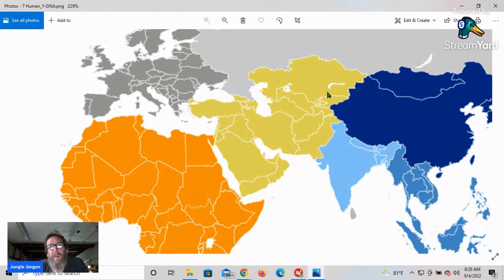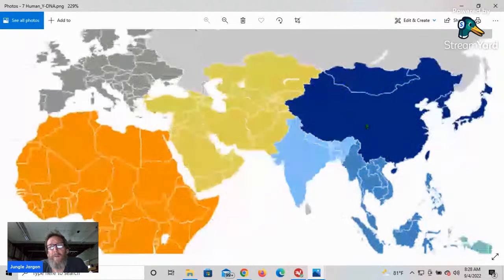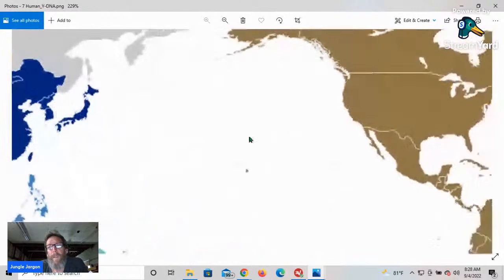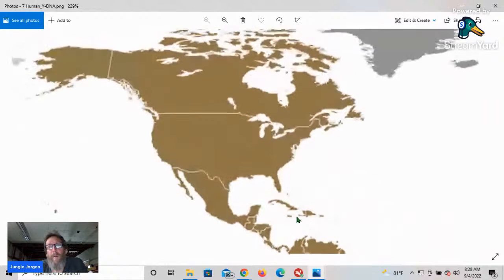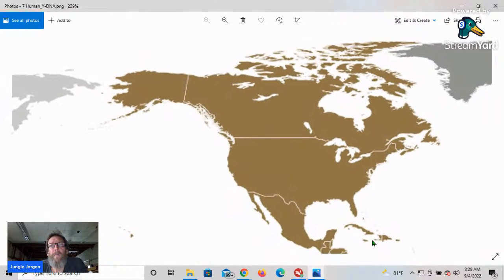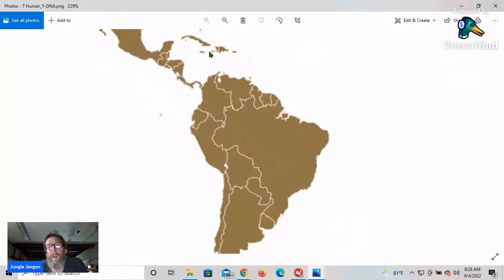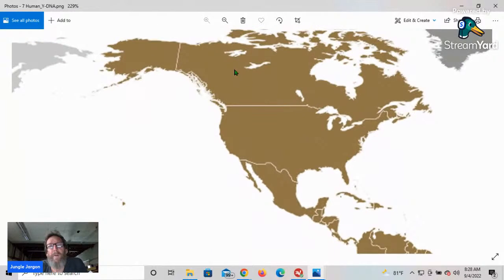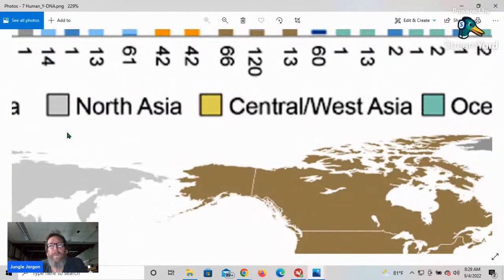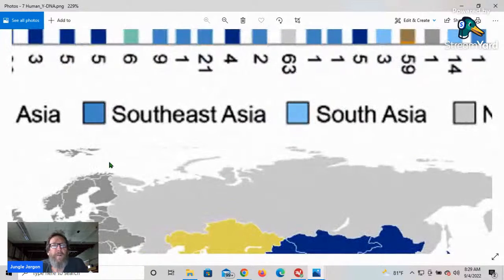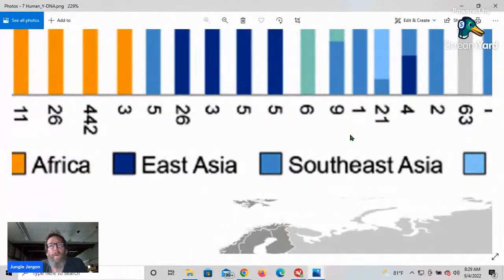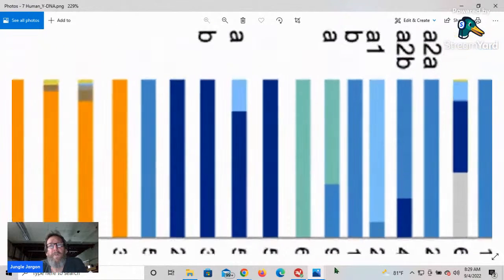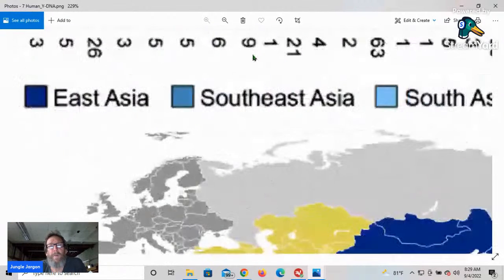Now, there's an interesting thing here about the New World, America. This is color-coded as brown on this graph here. So if you look at these areas, you can see the populations throughout the world.